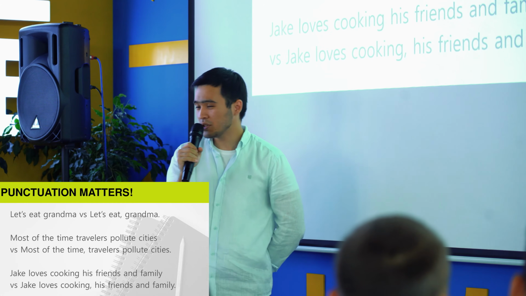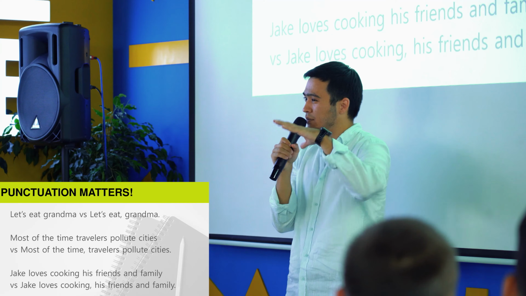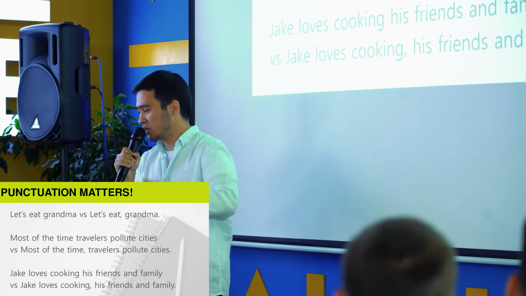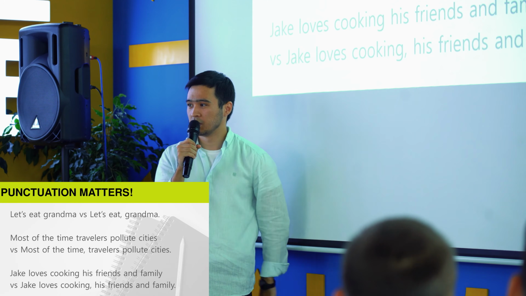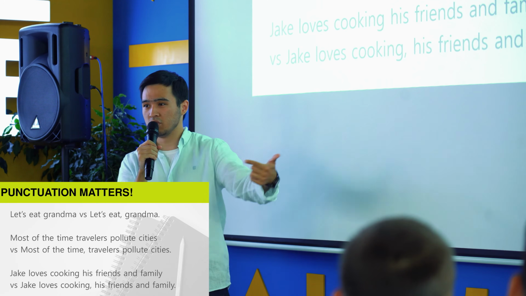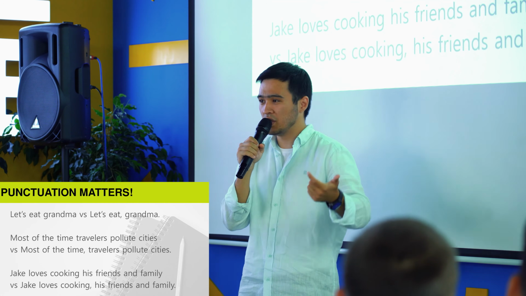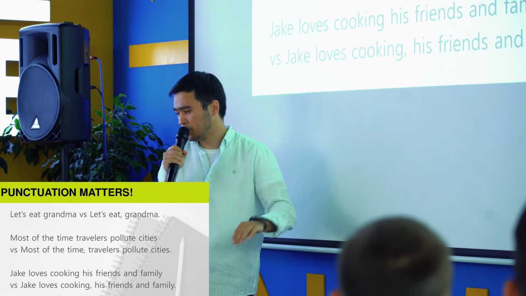So most of the time travelers pollute cities. Here they're saying time travelers pollute cities, right? But what they meant was most of the time, travelers pollute cities. Just one comma can dramatically change your meaning in the sentence. And when your meaning in the sentence is changed, your band score will be very, very low, around 5.